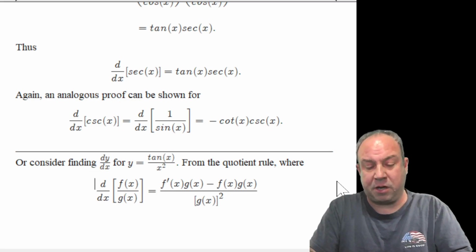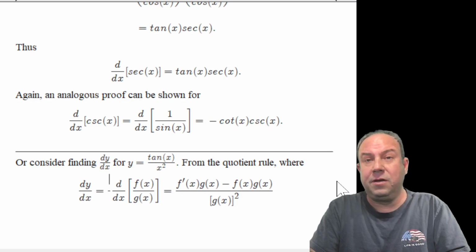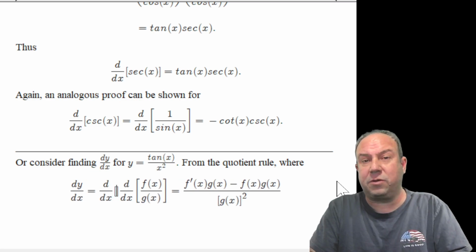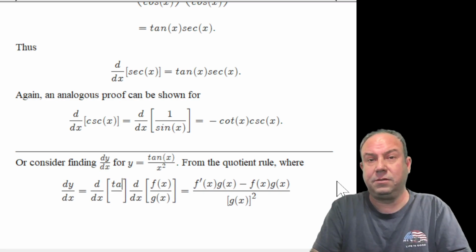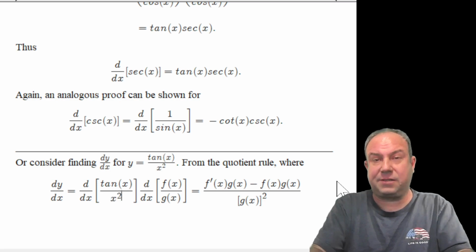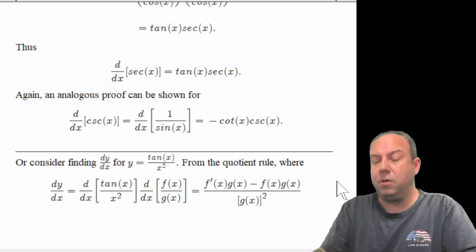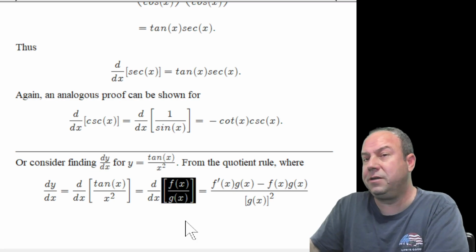I should probably note dy dx is equal to the derivative with respect to x of the tangent of x over x squared, where we can say that takes on the form of this quotient, f over g.